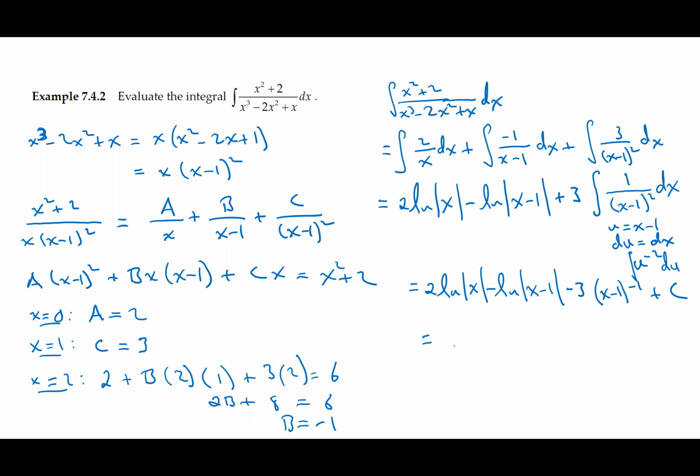Which, if you want, makes things look a little prettier, I guess. Minus 3 over x minus 1 plus a constant. All right? Okay.